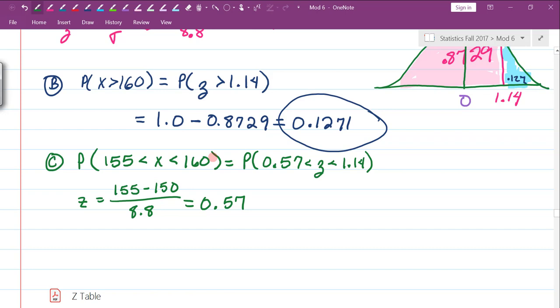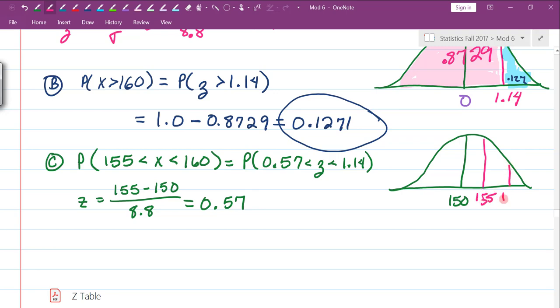And so let's go ahead and draw a picture of what we're looking for, though. We're looking for the area under the curve. If we have 150 here, and then we have 155. Let me switch to pink on that. 155 and 160. The area of interest is right here between the two.